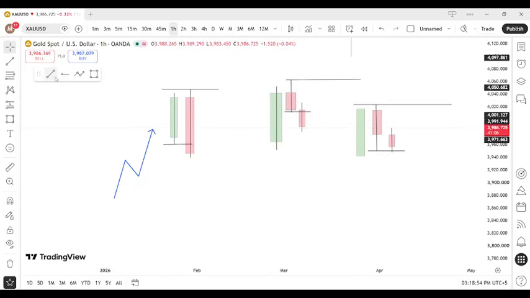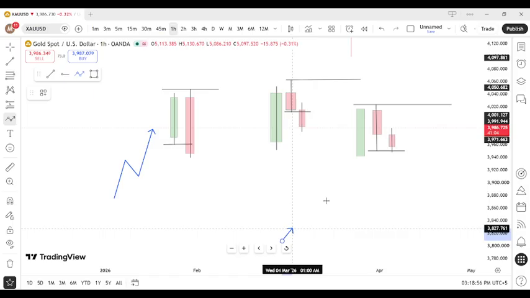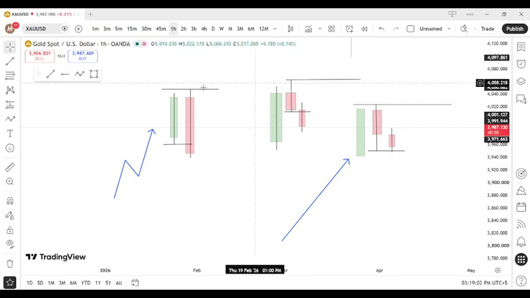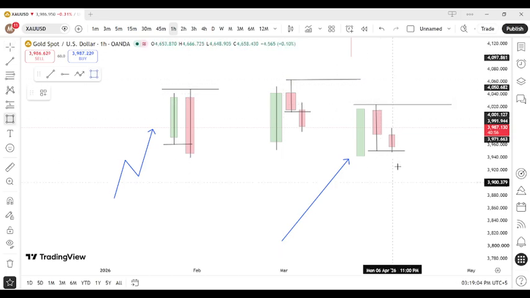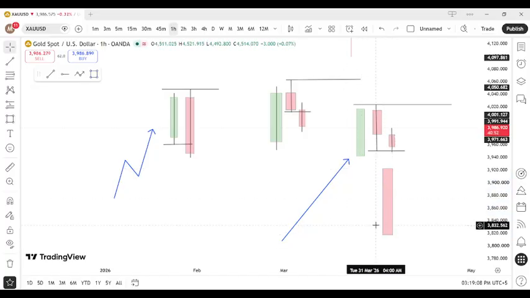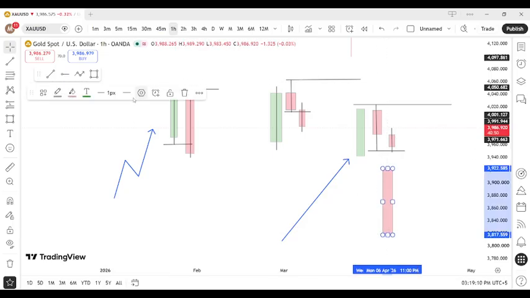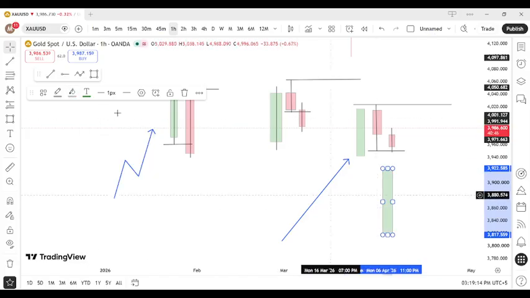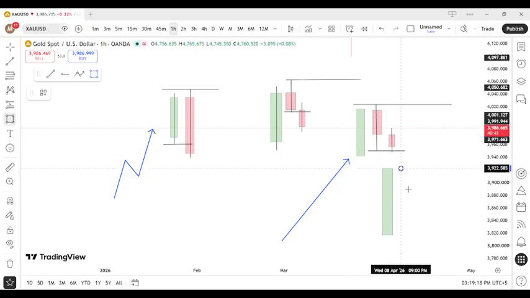If the market is moving upward and we have this type of candles, we will say this is not the structure high. This is a high, this is a high. Another type is, for example, if the market is going upward and we have this green candle and then this red candle.